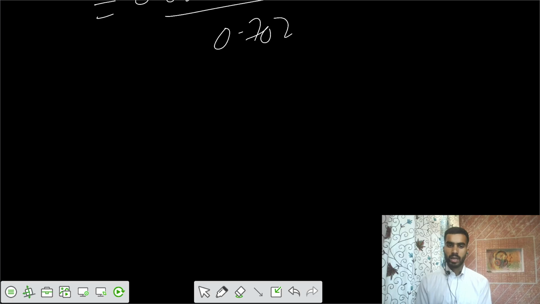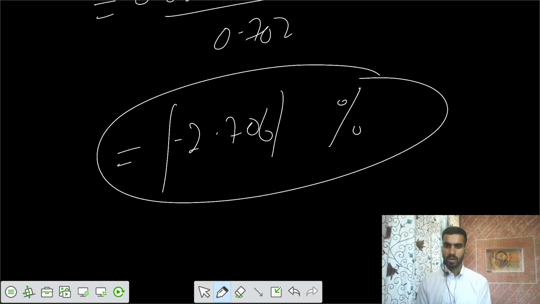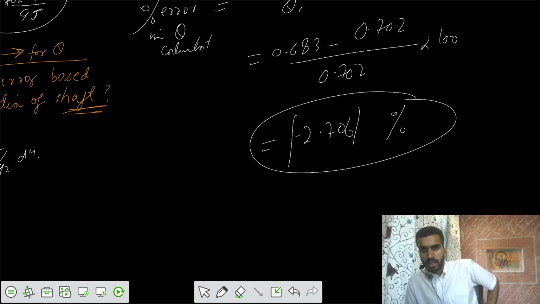So a percentage decrease of 2.706 percent. So there is an error of this percentage in theta based on the mean diameter.